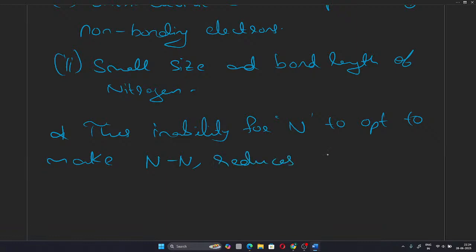This reduces nitrogen's catenation tendency.